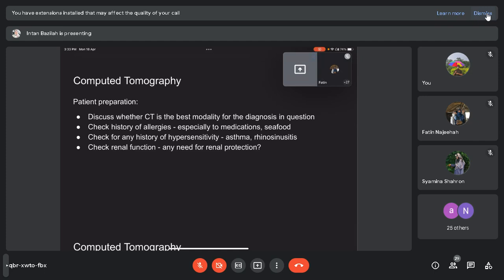The standard protocol we give is twice, BD lah, 12 hours and 2 hours before. And check for renal function if there's any need for renal protection. I think this actually depends on the medical team. Some patients they cover with NAC, but some patients they just give hydration.